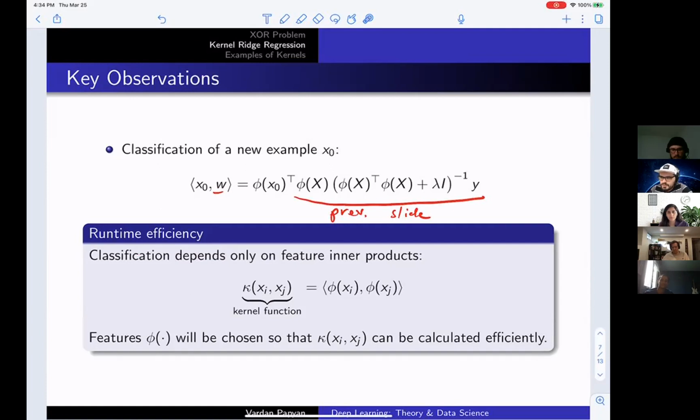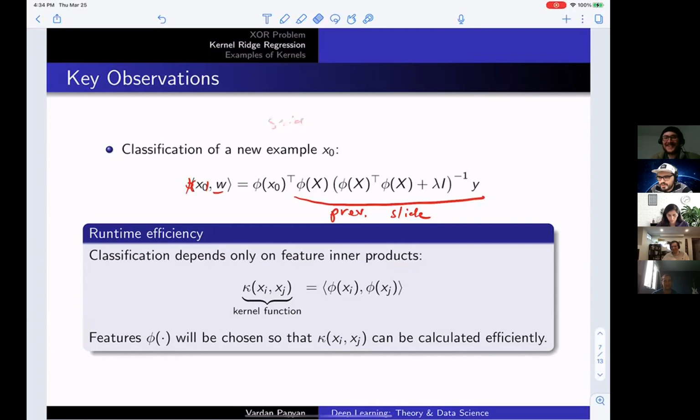And so what you have to do, okay, there is a typo here. Actually, this should be x0. My mistake.